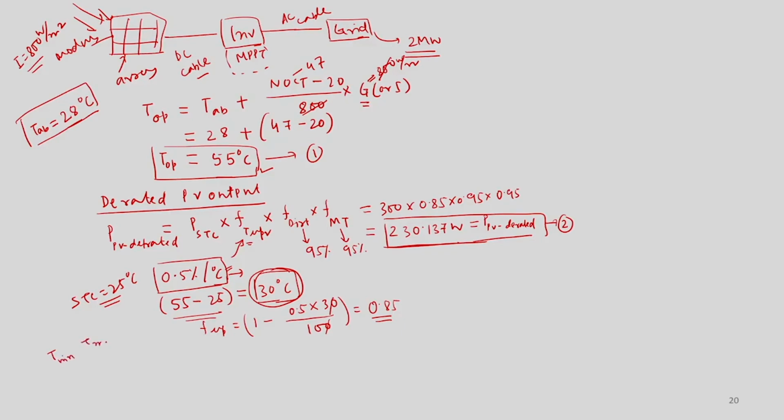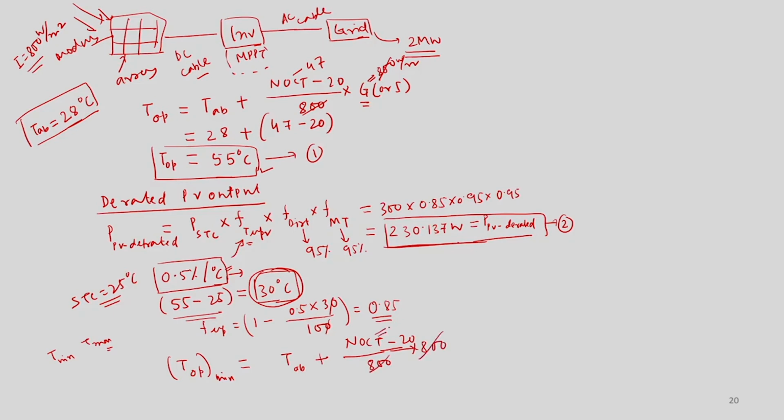Now, on the next page, because we already know T min and T max, what will be the T operating minimum? We can calculate it as T minimum ambient plus NOCT minus 20 multiplied by 800 divided by 800, which goes off.